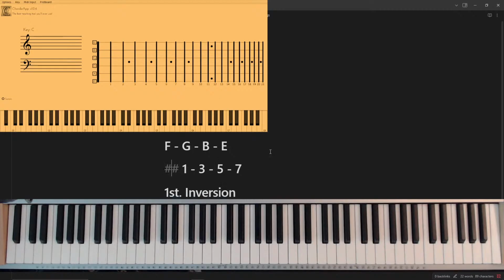And yeah, that's better. Take care of the formatting. So if we abstract this, then our next inversion would be the 3 in the bass.